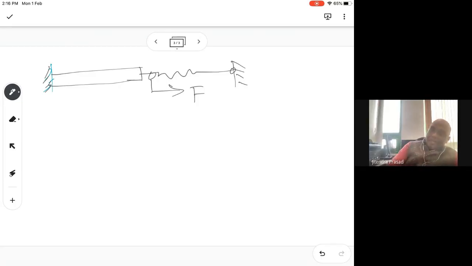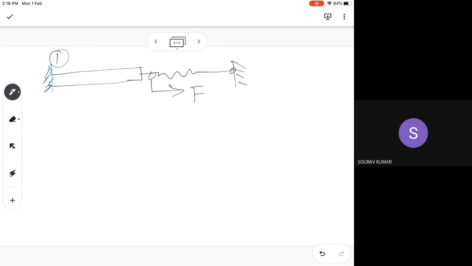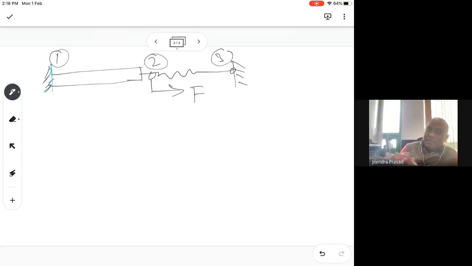So how will you solve the problem? First, you are going to number it: 1, 2, 3. You start with numbering. I have not taught the bar yet, but I think next lecture we will be talking about it.